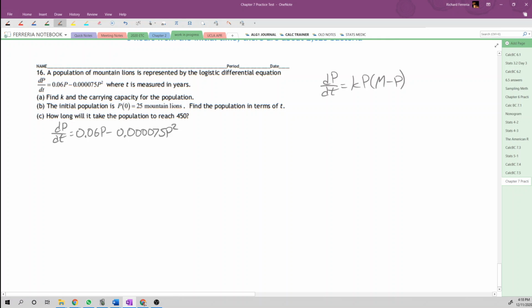My little brain tells me that I need to do some factoring here, because I see that the P is factored out from here. So I'll do a little bit of factoring. I'll take the P and divide that out of each of these terms, and that gives me something that's getting close.